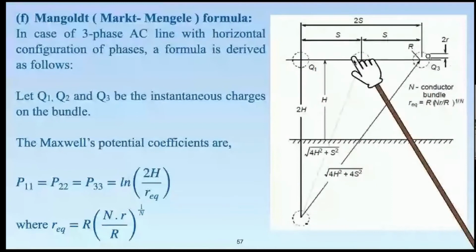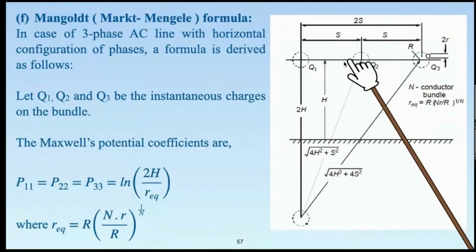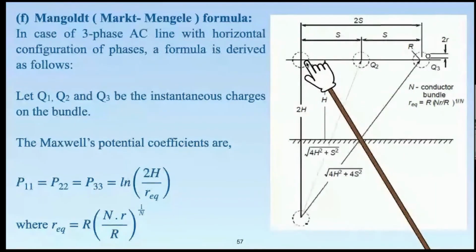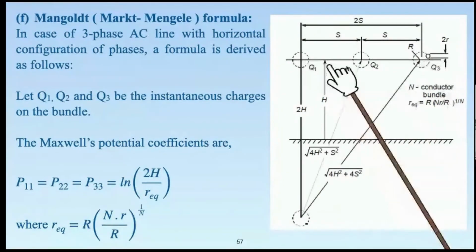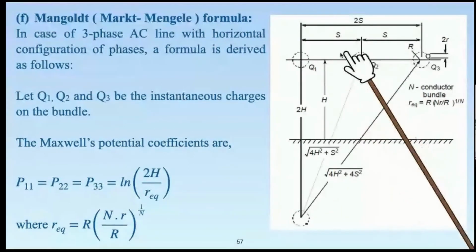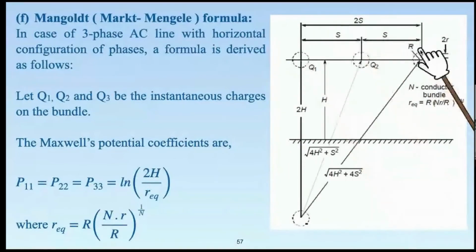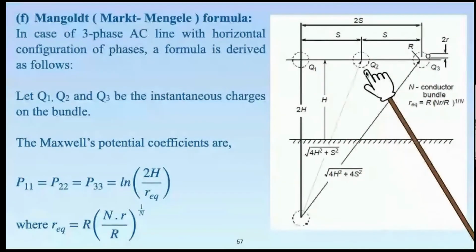This is the inner phase. Inner phase means that it is being shadowed by one phase on the left and another phase on the right. But the other two phases have phase conductors only on one of their sides. Their other sides are free. That is why these two are outer phases, and this one is the inner phase.